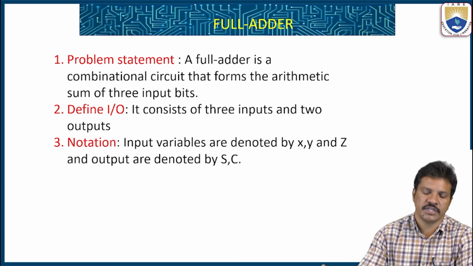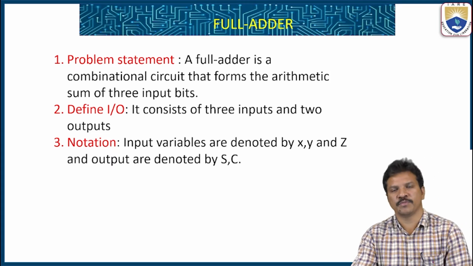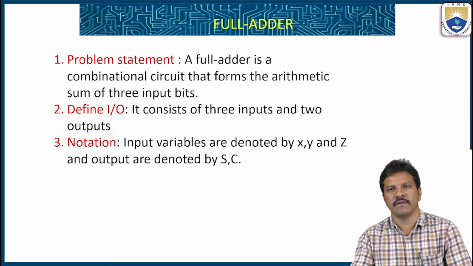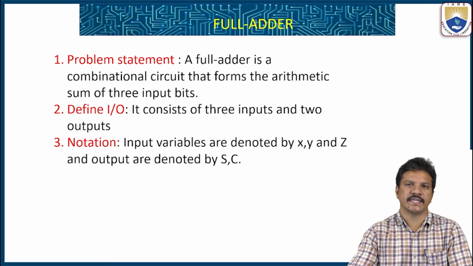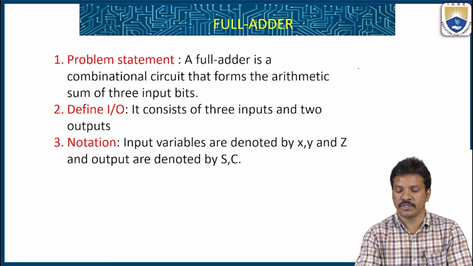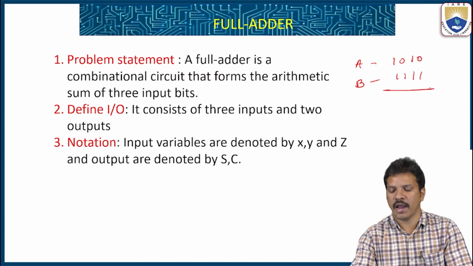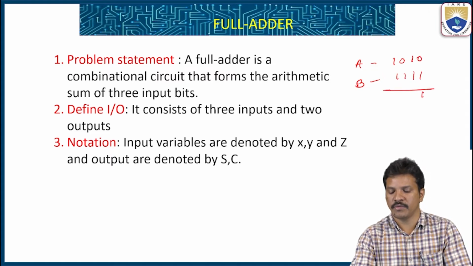The full adder is a combinational circuit which performs the arithmetic sum of 3 input bits. Sometimes it requires 3 inputs, for example A, B and a carry. Here we have 3 bits: 1 bit is A, 1 bit is B, and another bit is the carry from the previous bits.